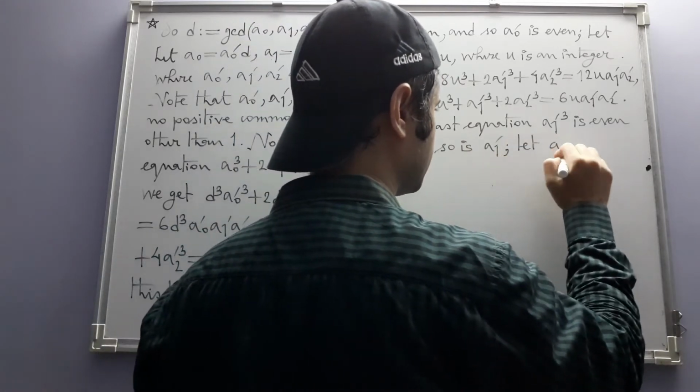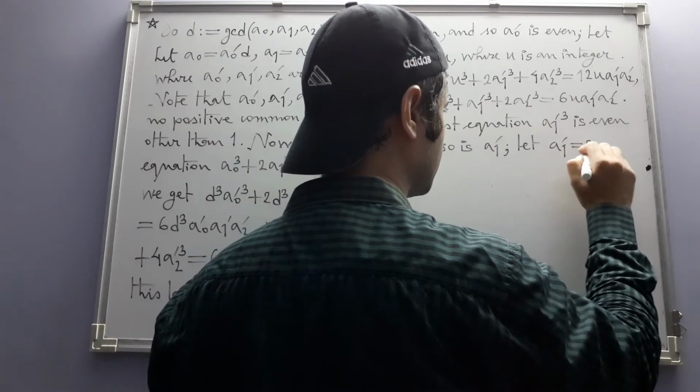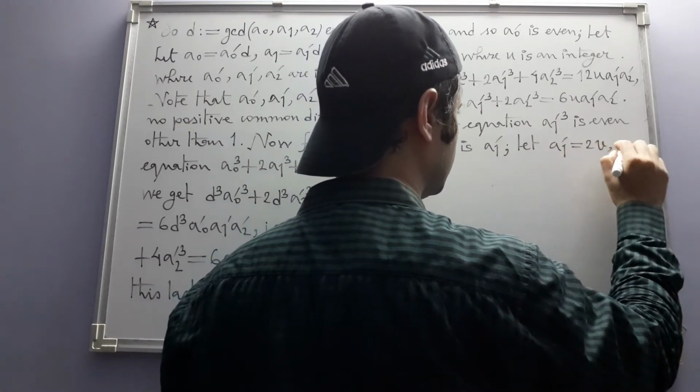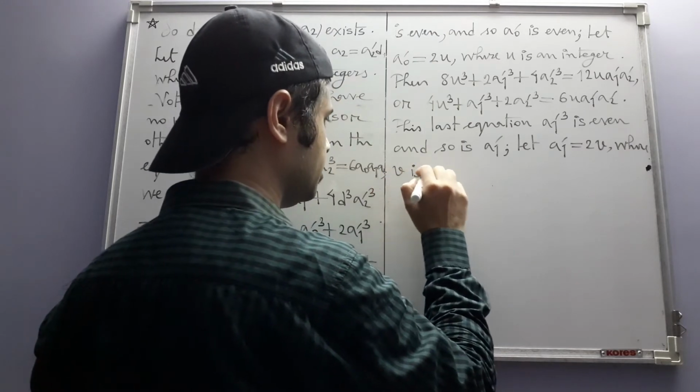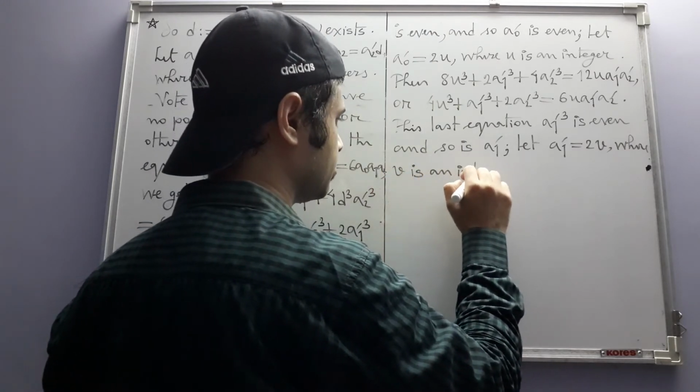Let a1 prime be equal to 2v, where v is an integer.